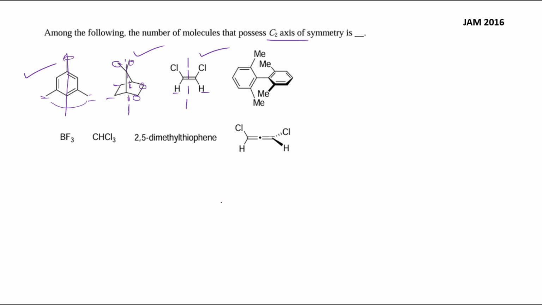Now for the fourth one, here we have this type of substitution at the ortho position. This is a biphenyl system. So if you look at this molecule from this position, you will see these two methyl groups and these two, which are up and down, like this.